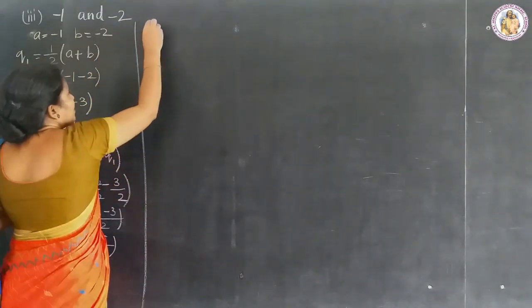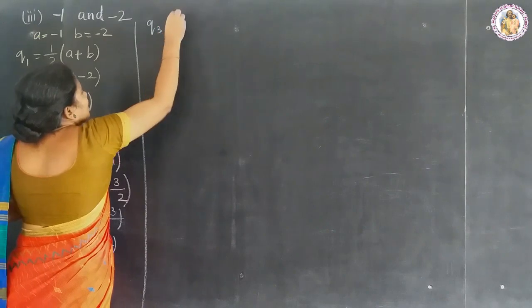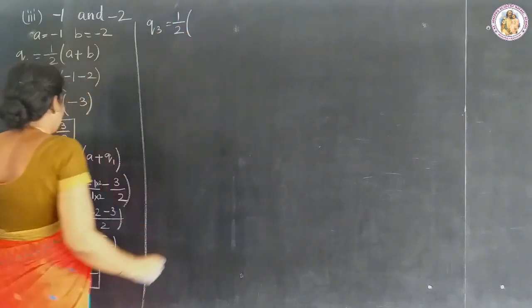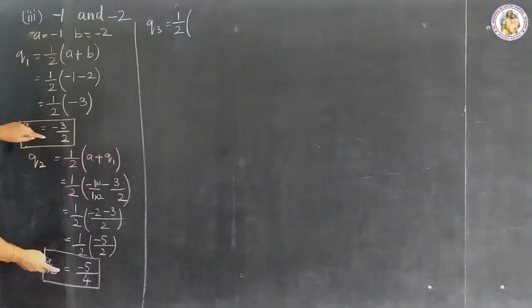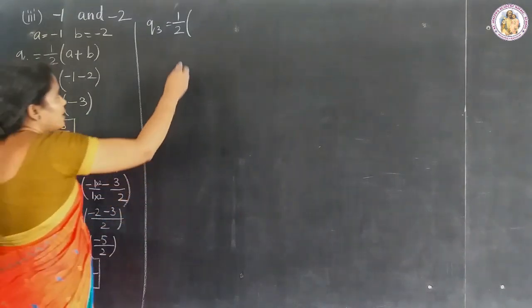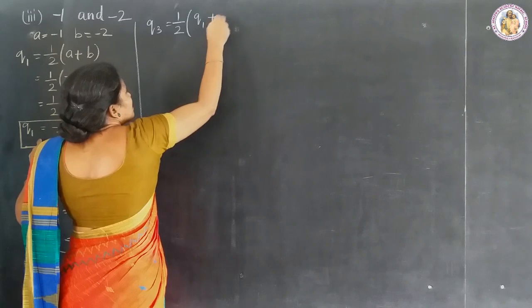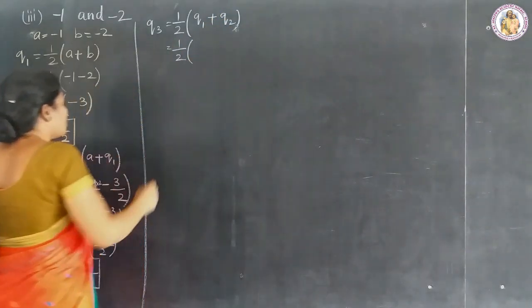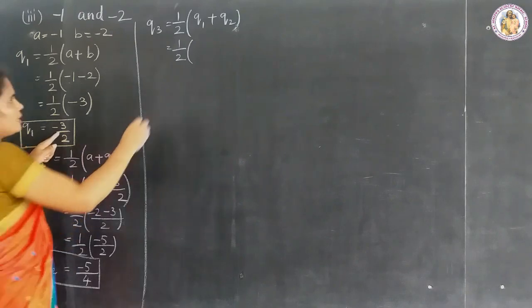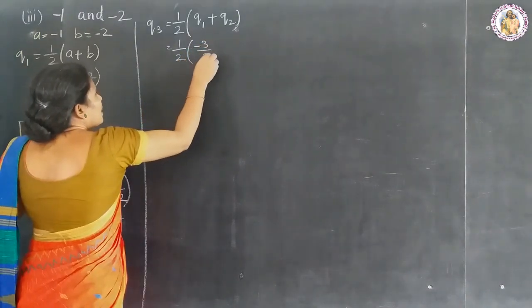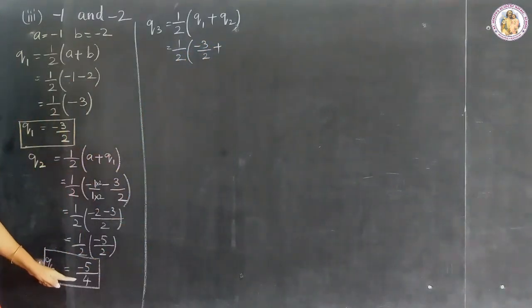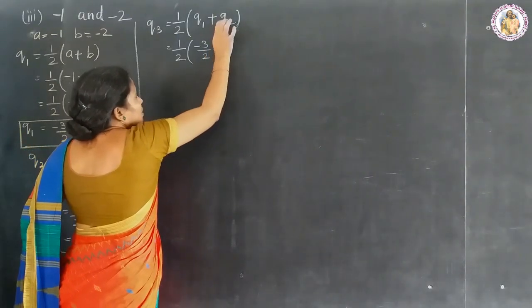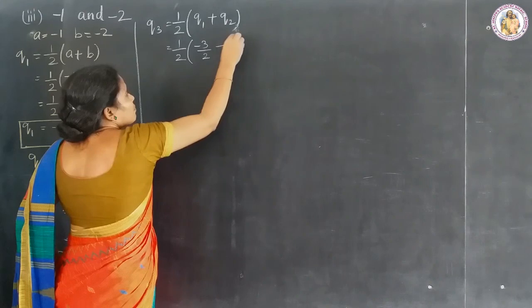Then to find Q3, 1 by 2, you can take Q1 as well as Q2. So write Q1 plus Q2. So 1 by 2 of Q1 minus 3 by 2 plus Q2 minus 5 by 4.